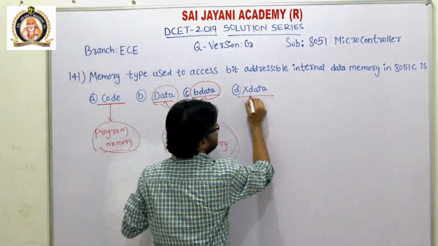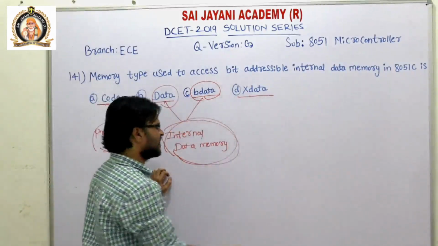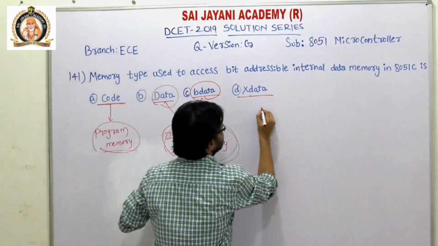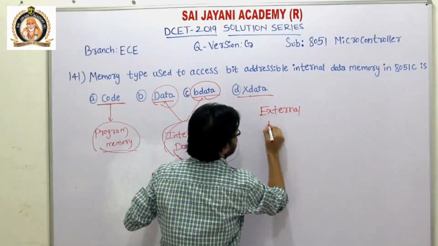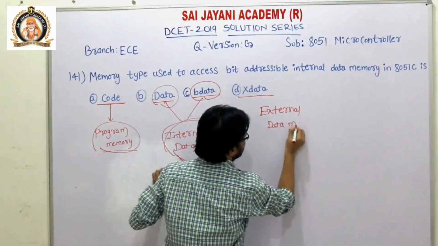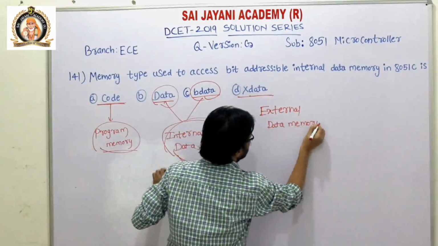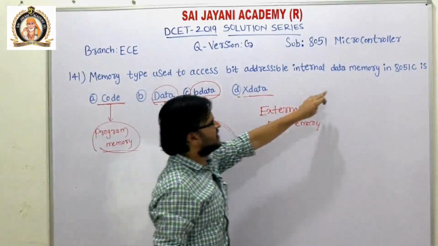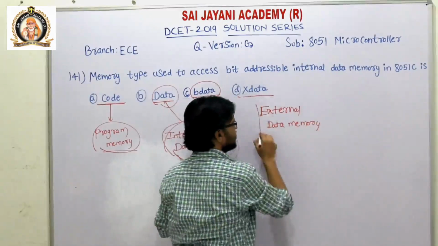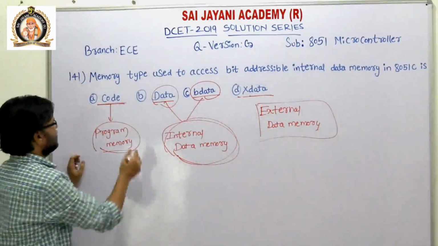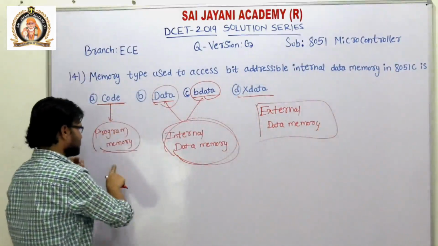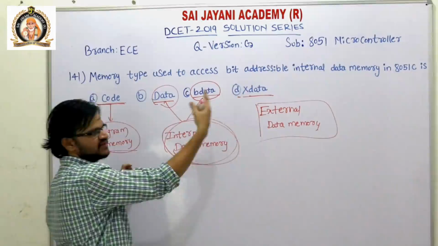Similarly, xdata is an area which comes under the external data memory. By using this area, the 8051 accesses the external data memory. The code is the area which accesses the program memory.